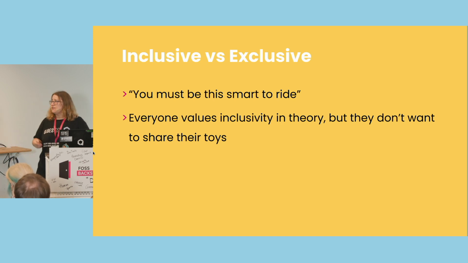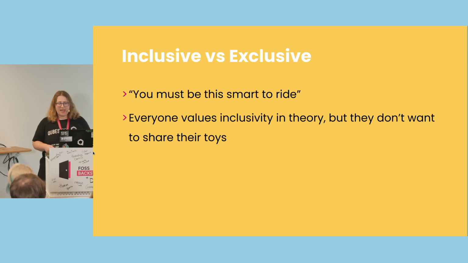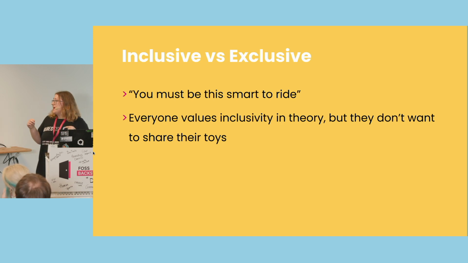If they thought better, if they read the docs, that would work. Why would we cater to people who are not willing to put in the work? And this is a difficult thing to convince people of, especially when people don't want to share their toys and they don't want to share their playground with other kids.